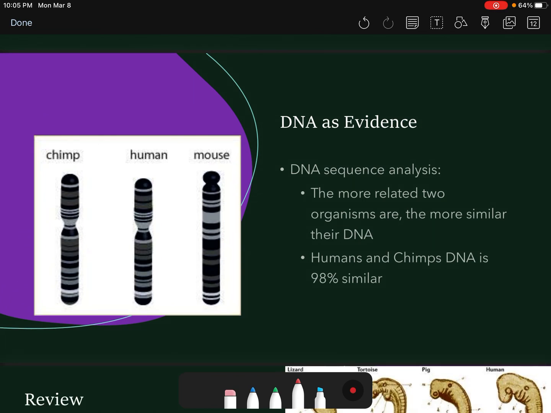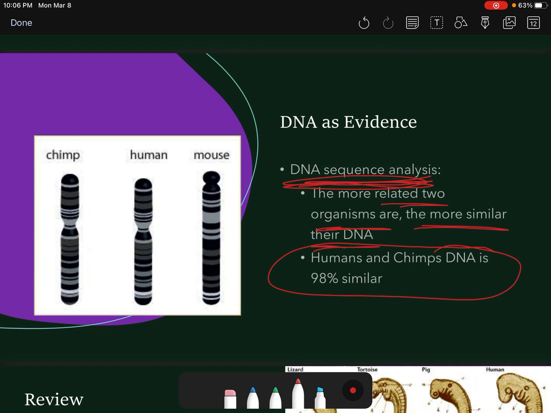So, a little bit more into DNA as evidence. DNA sequence analysis is also a great indicator of the relatedness of 2 organisms. The more related 2 organisms are, the more similar their DNA. Human and chimp DNA is roughly 98% similar.